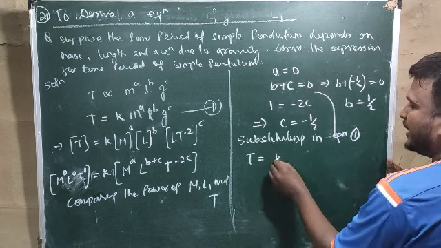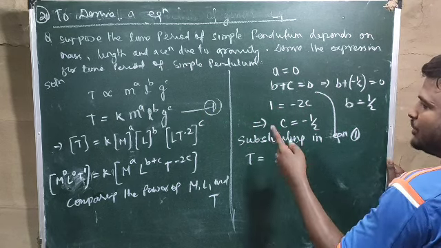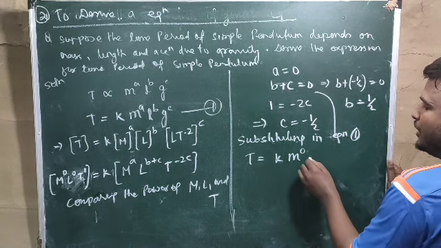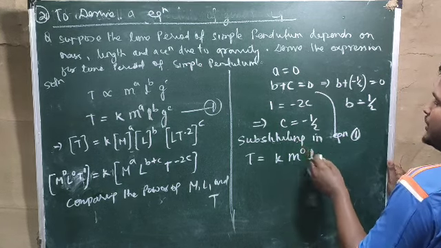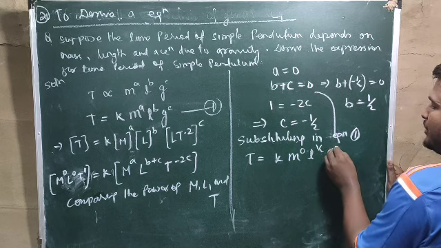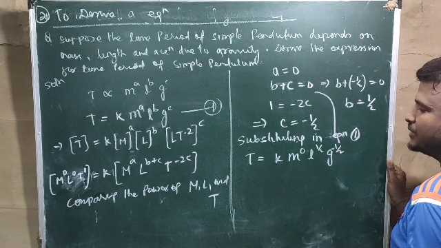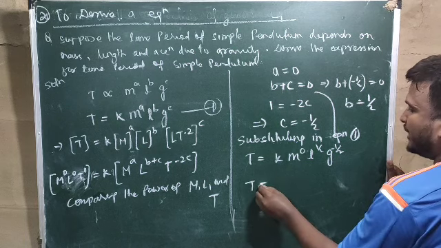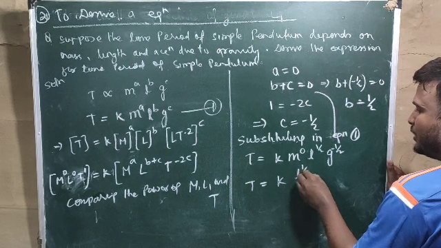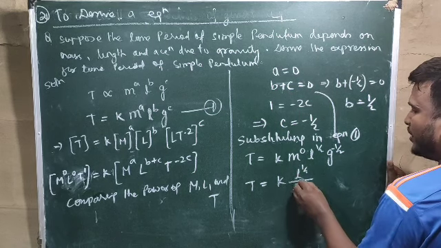T equal to K, M to the power A, and A value is 0. L to the power B, which is 1 by 2, and G to the power C, which is minus 1 by 2. So T equal to K, M to the power 0 will be 1, L to the power 1 by 2 divided by G to the power 1 by 2.